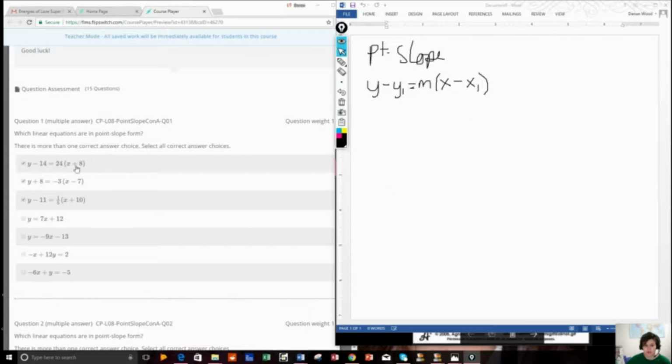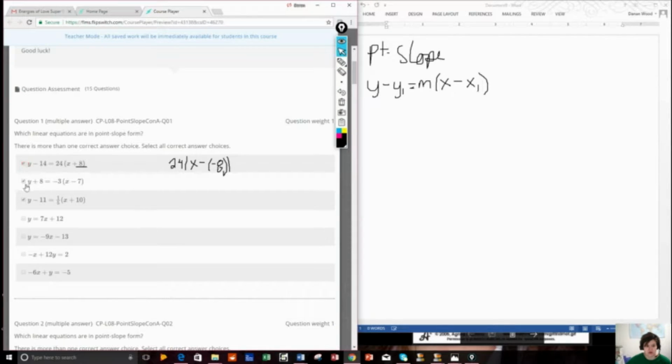However, the way we can have an addition sign in here is if this 8 was negative 8. So instead of writing 24 times x minus negative 8, they simplified this minus a negative to an addition. So that is how they have an addition sign there. So that is point-slope form.